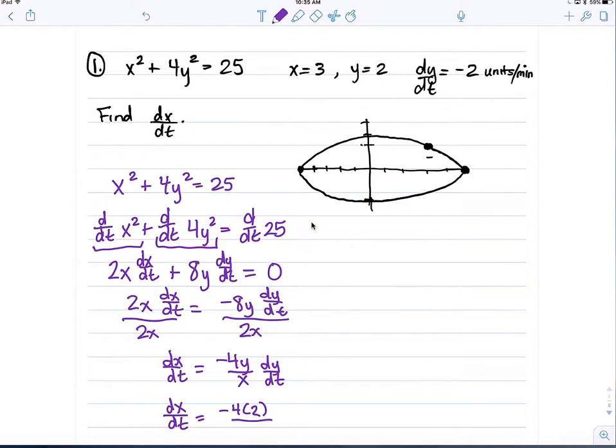Good. What about x? 3. And what about dy/dt? Negative 2, right? Okay, we can simplify that and we'll get dx/dt, which is what they asked us to find, is going to be 16 over 3 units per minute.